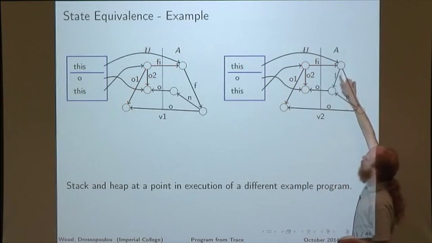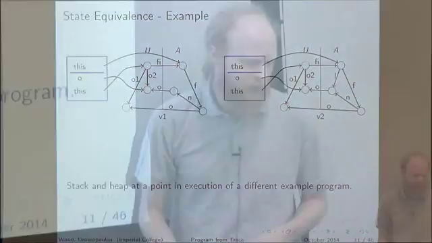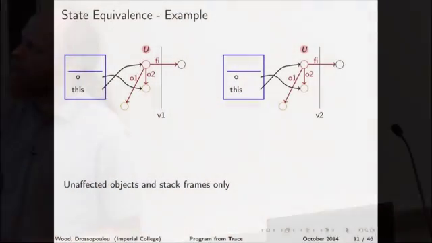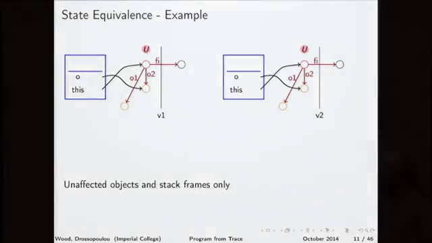And here this one has this additional pointer. This is a different program, by the way. This is actually a program that puts things in and out of a list. The stack and the heap of the other example is too big to draw. So these don't correspond if we consider all of the objects, but what we do is we delete the unaffected parts, and now they do correspond. They have exactly the same shape.